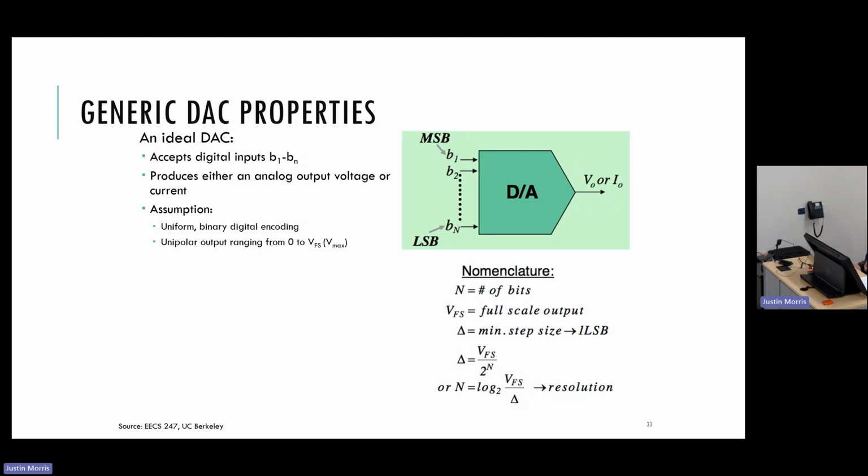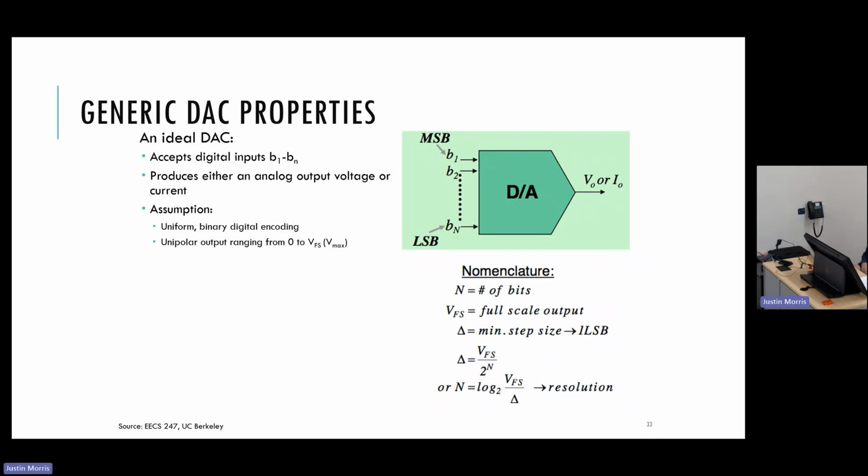So our different parameters for the digital to analog converter are going to be n, your number of input bits, VFS, which is your full scale output, so the maximum voltage that you can output by the converter. And then we have delta as the step size.